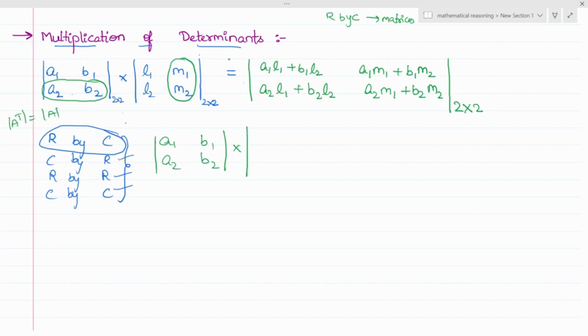So we can transpose this, that is, rows become columns and columns become rows. So when we do that, if we do the row by row approach, we will get the same answer, right? Similarly, you can use column by column or column by row. So let's see a question on this.